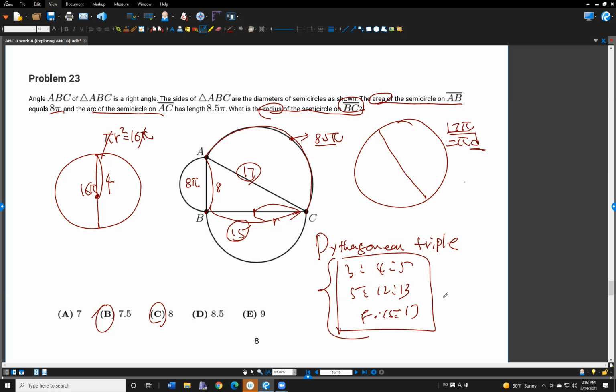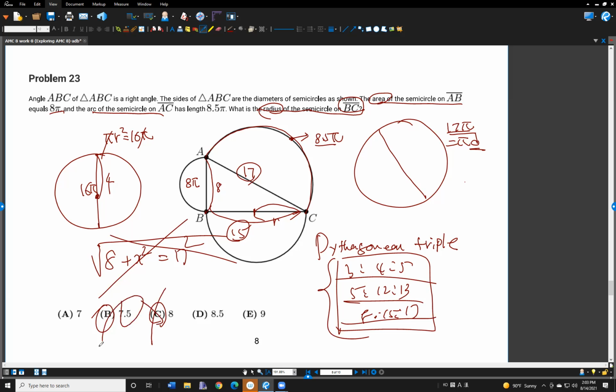All right, so the answer is B. If you know this one, you don't need any work. You don't have to use 8 plus x squared and 17 squared, right? Because we need to get the answer very quickly. That is not a good idea. If you memorize these Pythagorean triples, you can get the answer directly. 7.5 is the answer.